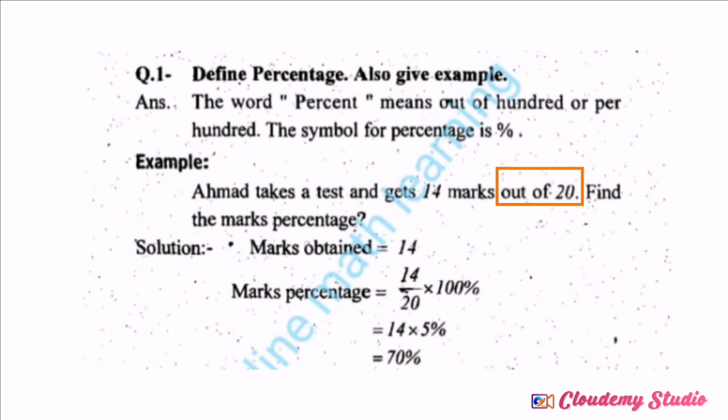Marks percentage is equal to 14 divided by 20 multiplied by 100%. This is equal to 14 multiplied by 5%, which is equal to 70%.